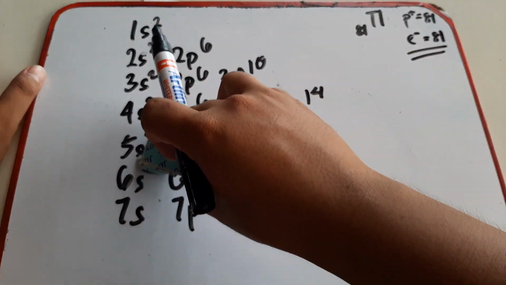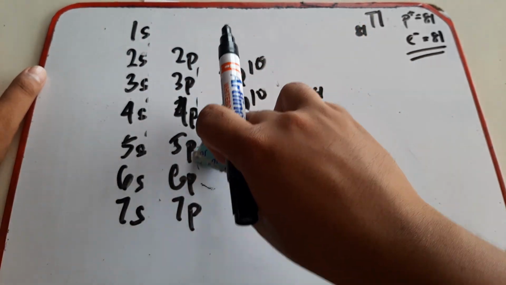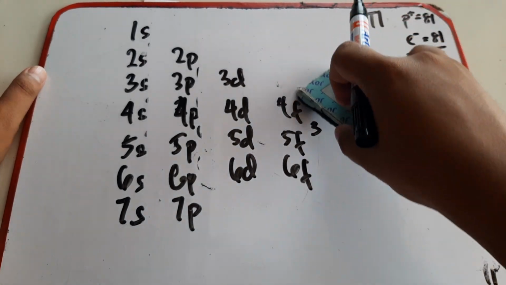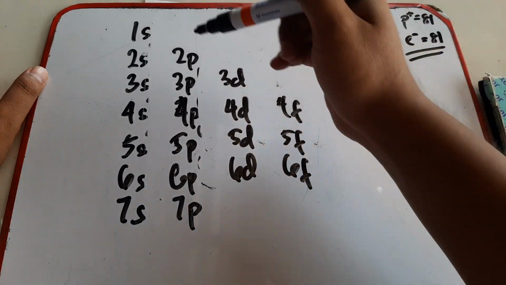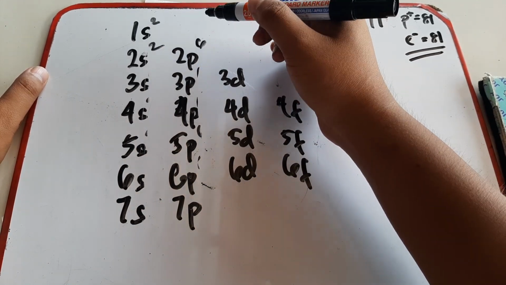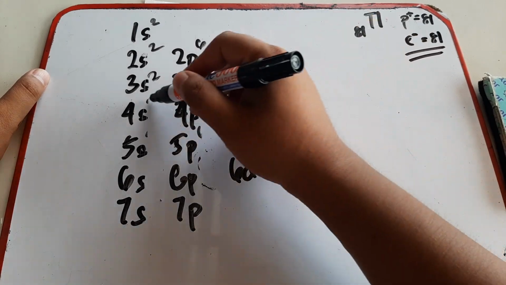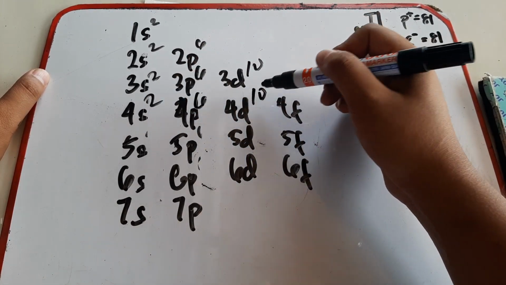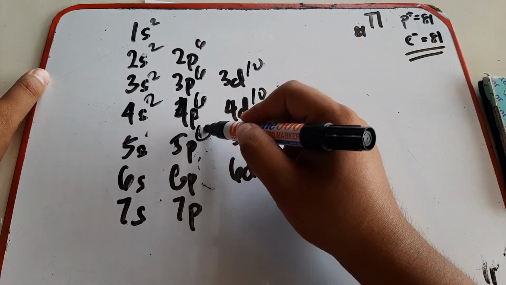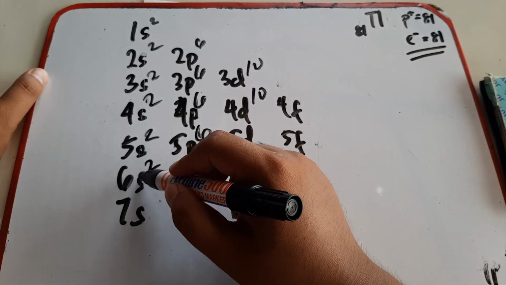Ulitin natin ha. Atomic number is 81. 2, 4, 10, 2, ilagyan muna natin. 10, 2, 6, 10, 6, 2, 2.